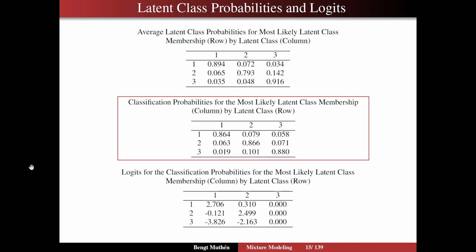Slide 15 then shows important output, 3 tables that come out in the Mplus output. The top table is not that informative. It's really an intermediate step to get to the second or middle table.